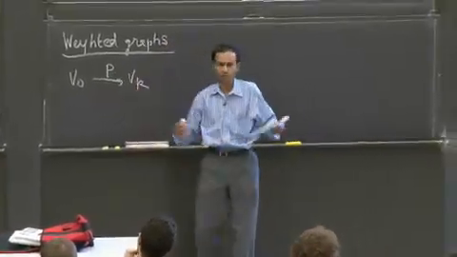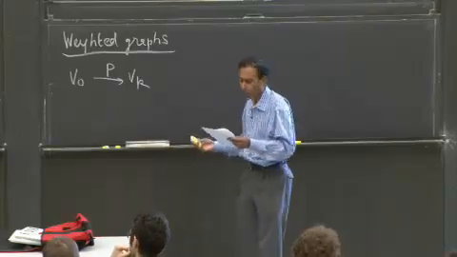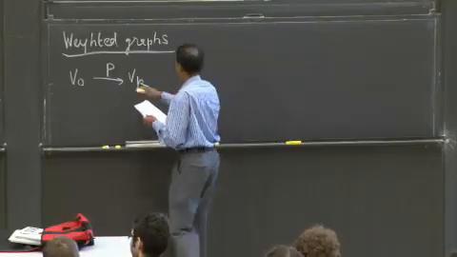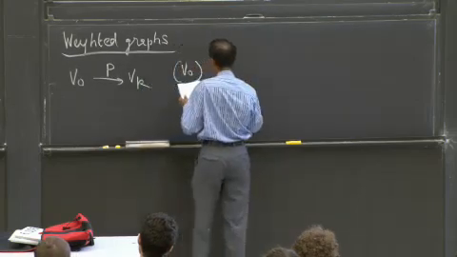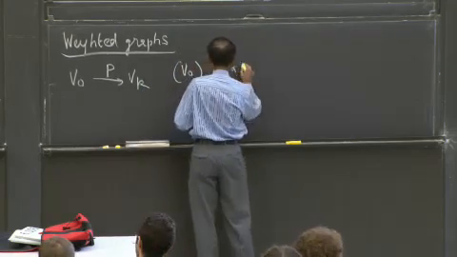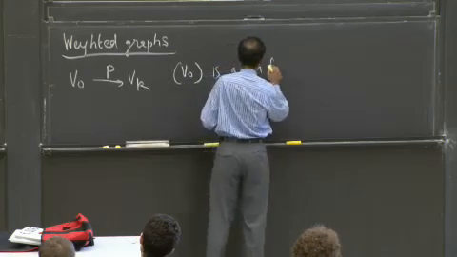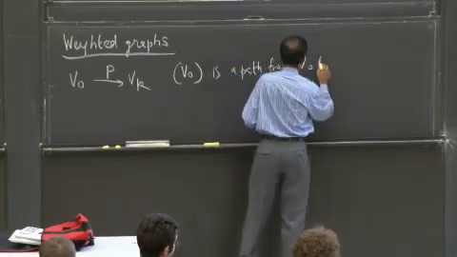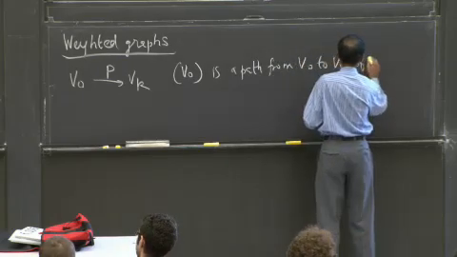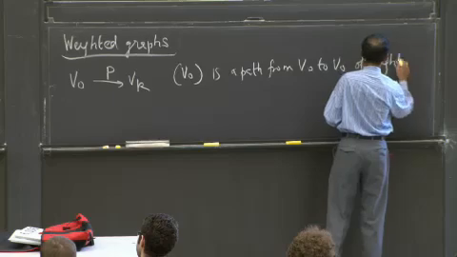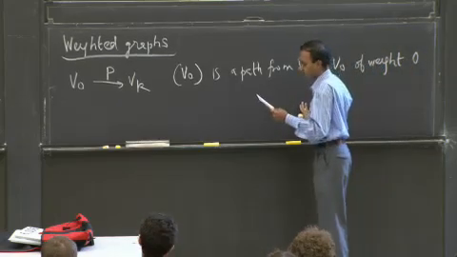Sometimes I'm searching for the path P with a minimum weight, and that's how I'm going to represent that. V0, which is a single vertex path, is the path from V0 to V0. So it's really a zero length path, and it has weight 0. So that's one condition.